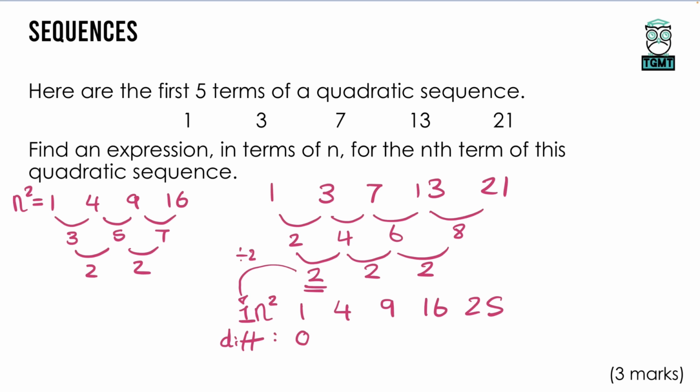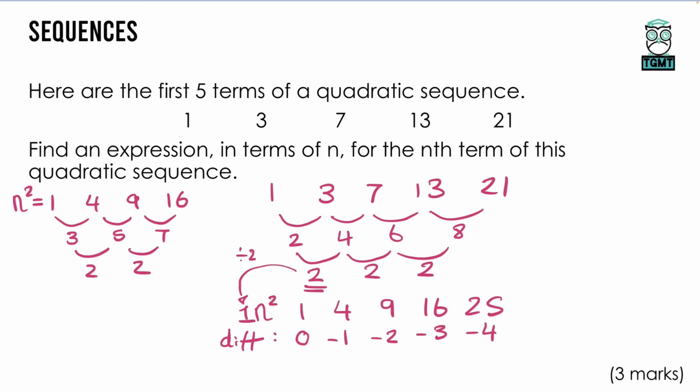To get from 4 to 3, that's a difference of minus 1. I've got to be careful when I say difference here, because normally a difference is always a positive value, but here we're just looking at how we get from the sequence back to our original. So from 9 to 7, we take away 2, from 16 to 13, we take away 3, and from 25 to 21, we take away 4.